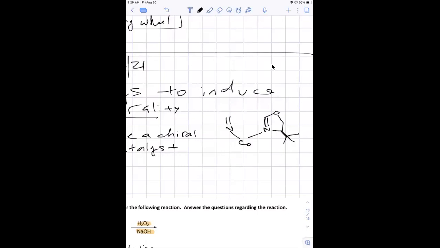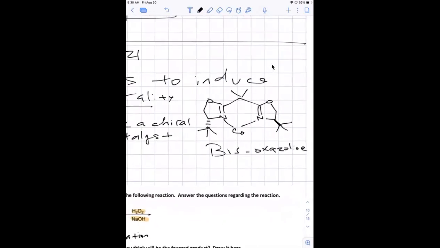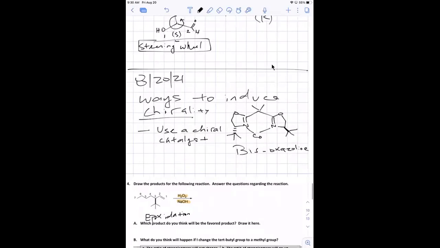The metal would have a ligand around it. This particular ligand is called a box ligand, or bisoxazoline. So that is an example of a chiral catalyst where you take a metal like cobalt, you add a ligand to it, and you create a chiral space around it.